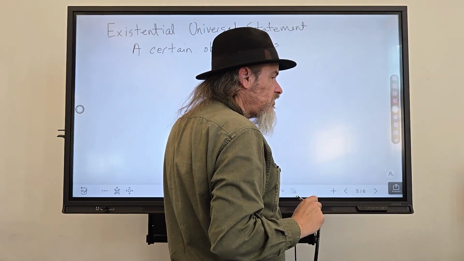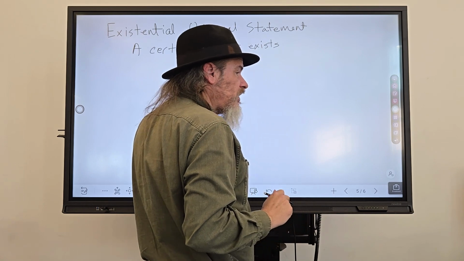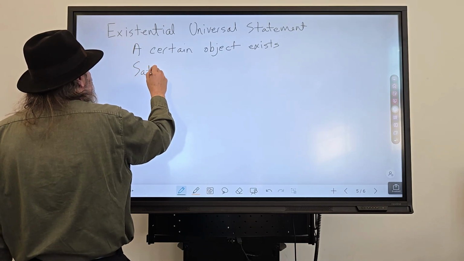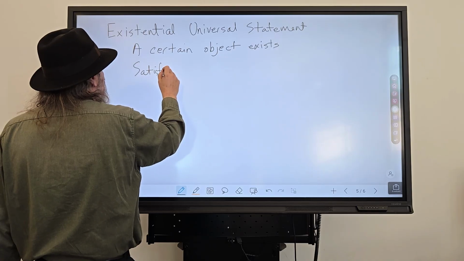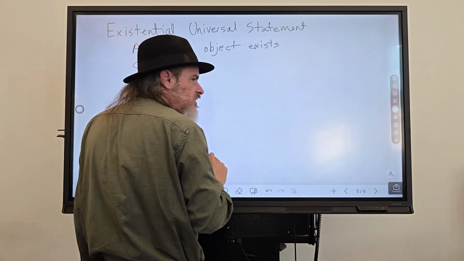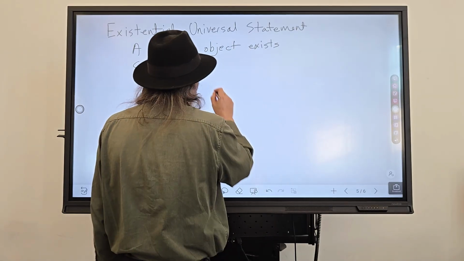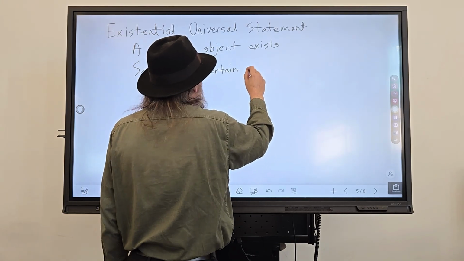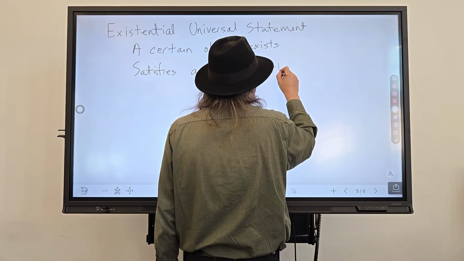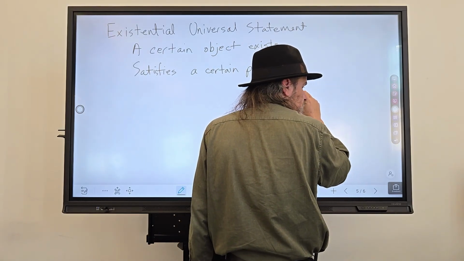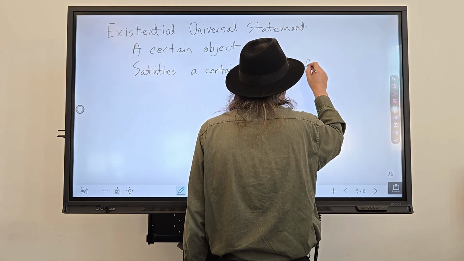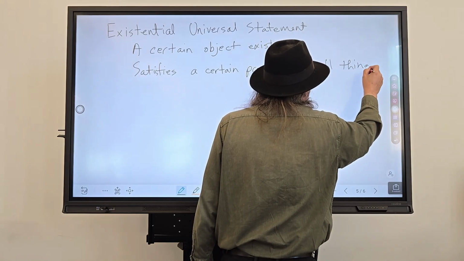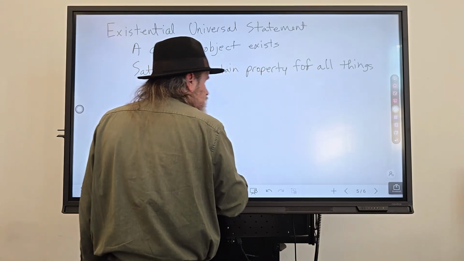The second part says that the object satisfies a certain property for all things of a certain kind.